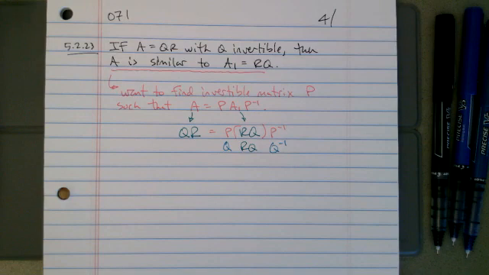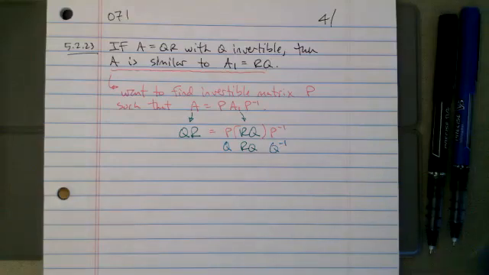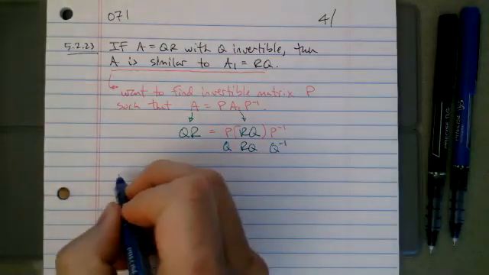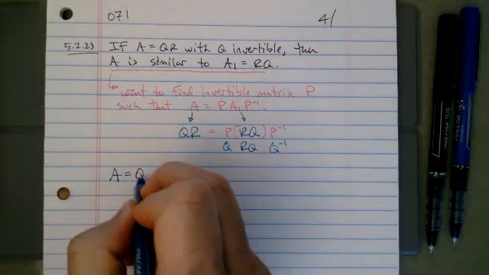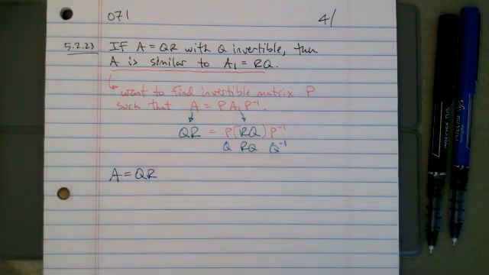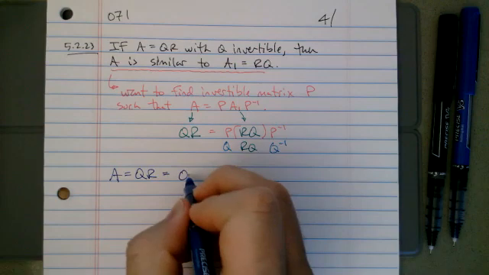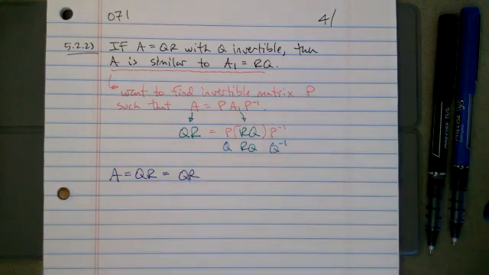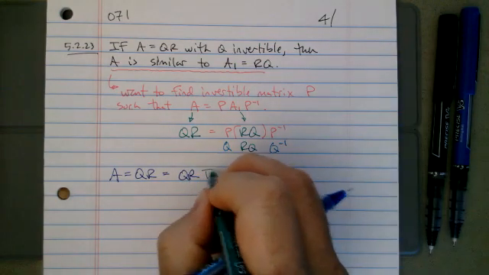So A is equal to QR, and we can multiply by Q times Q inverse. Since A is equal to QR, I can multiply by the identity matrix. I can always multiply by the identity matrix.